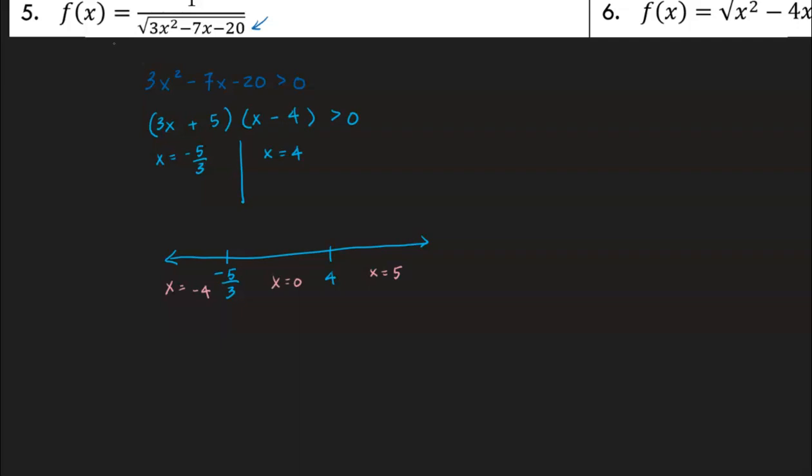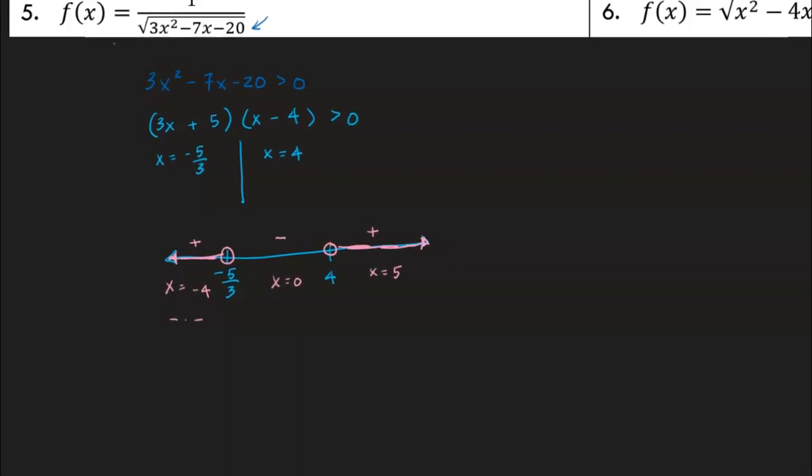So that is going to be a negative times a negative, so that's going to be a positive. That's going to be open circles right there. And if I do a 0, that's going to just give me the y-intercept, which is a -20. And then a 5 is going to give me a positive, greater than 0.